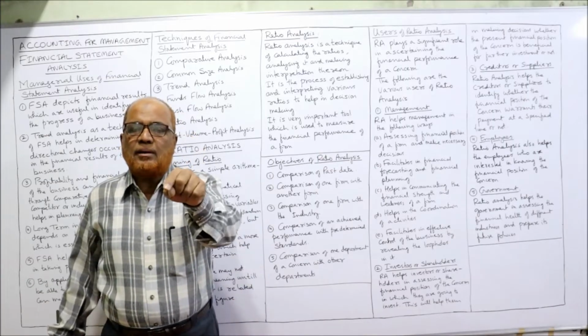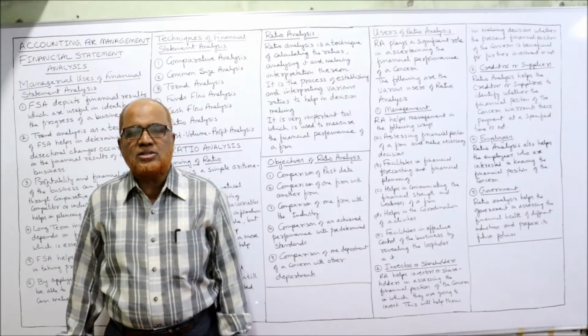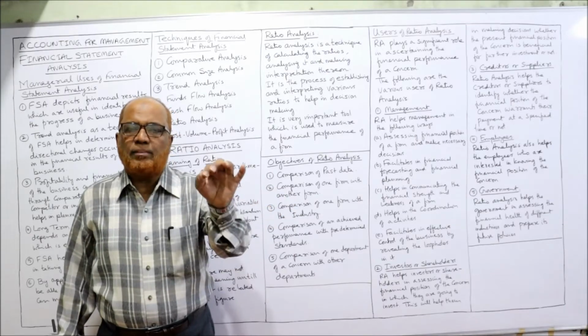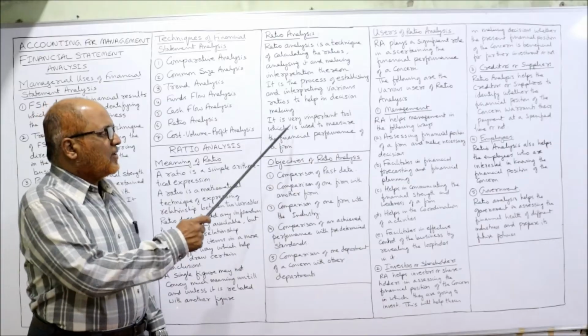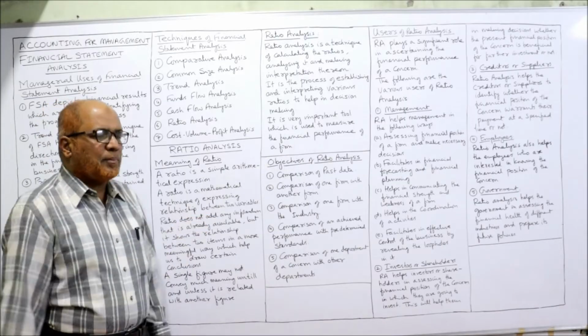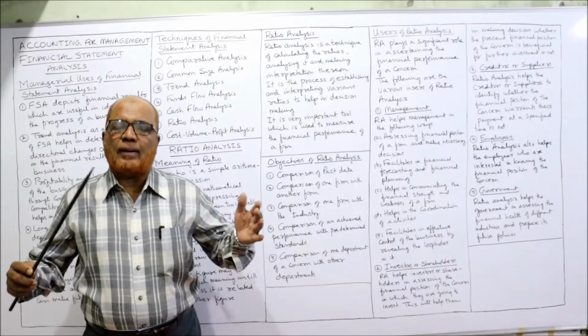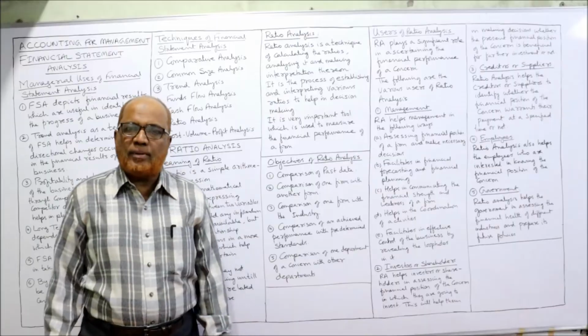So that this interpretation will be useful in taking decisions. Finally, the ratio analysis technique will be applied in order to take decisions. It is a very important tool which is used to measure the financial performance of the firm. So most of the firms apply ratio analysis in order to evaluate financial performance.